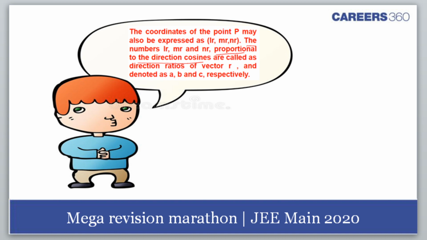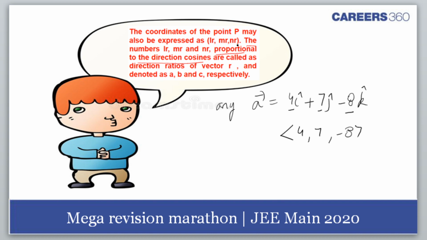Whenever you have any vector in space, let's say A is 4i cap plus 7j cap minus 8k cap. Now 4, 7 and minus 8 will be the direction ratios of this vector. That's what here it is expressed as LR, MR and NR.